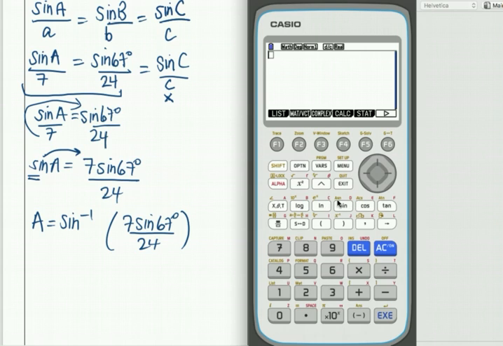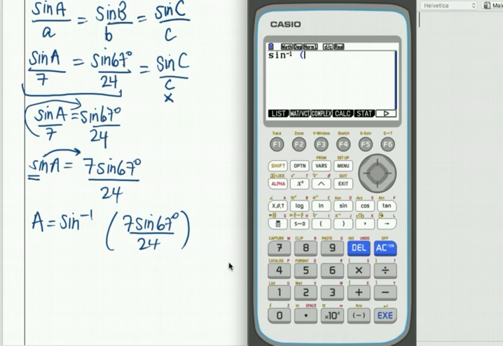Sometimes they write arc sine, arc cosine, arc tangent. Or what you'll see on most of your calculators is sine -1, cosine -1, and so forth. So you just have to hit shift and hit the sine button in order to get to the inverse, okay? So I'm going to do that here, shift, and see when I do that, I actually get the sine -1 on the calculator, okay?